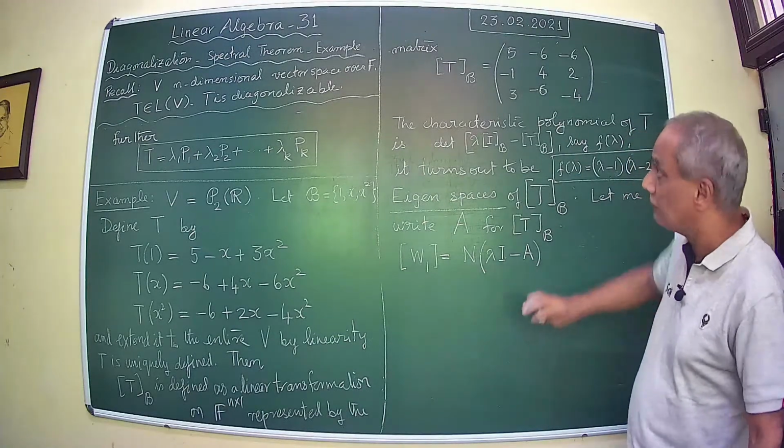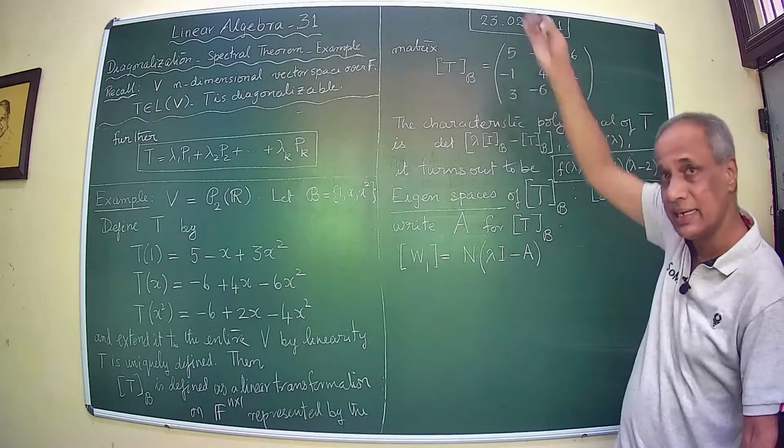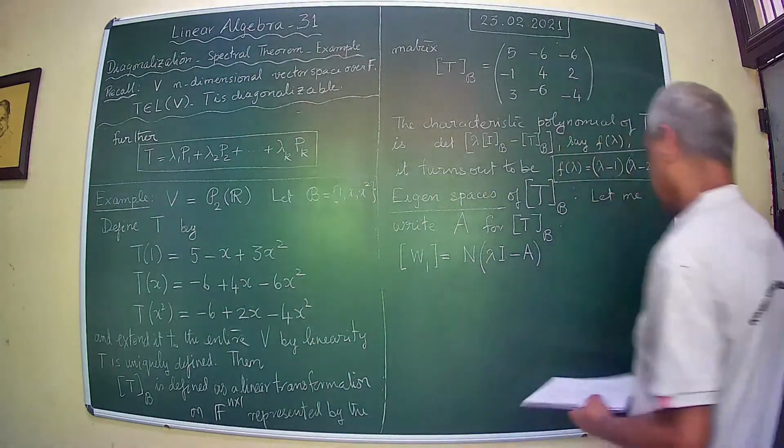Therefore, we see everything in F n cross 1 and then translate it back. That's easily possible.